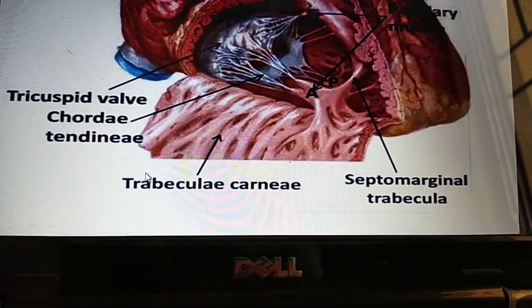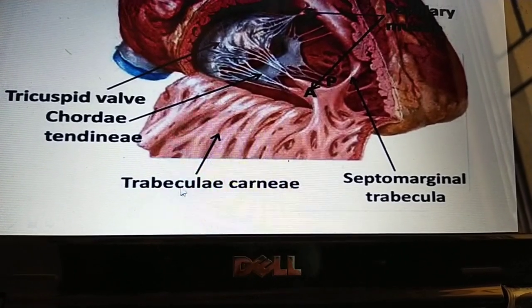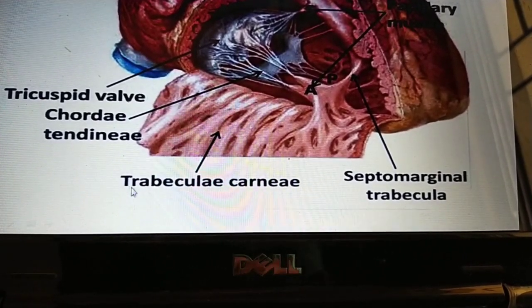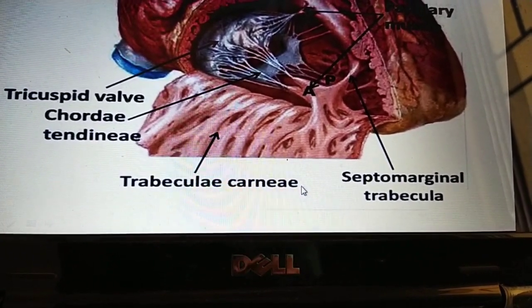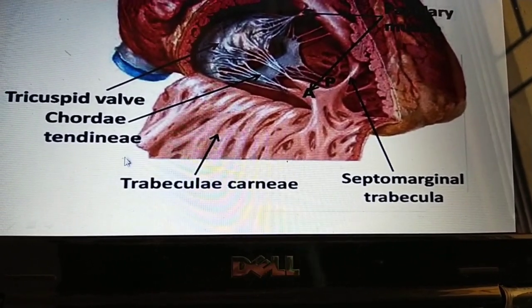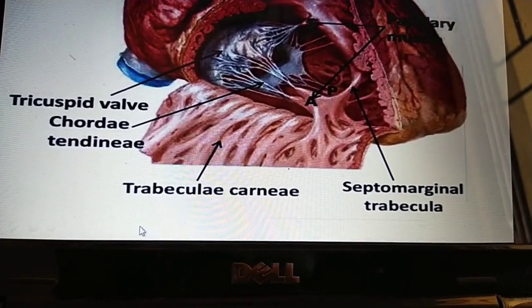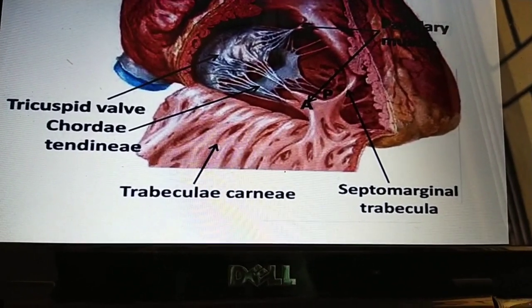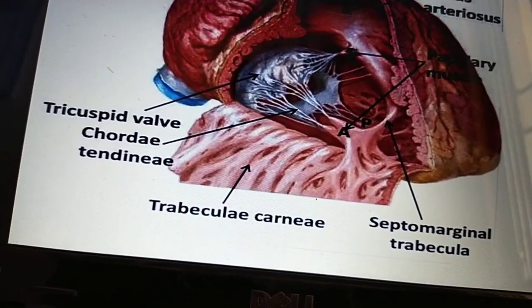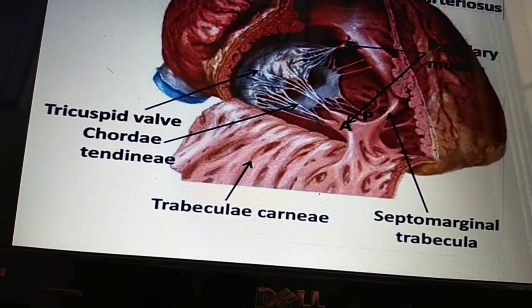These trabeculae carneae are mainly of two types. One is fixed trabeculae carneae, and the other is papillary or pillar muscles. I already explained the papillary muscles: they are another part of the trabeculae carneae, and they have two extremities or two ends.